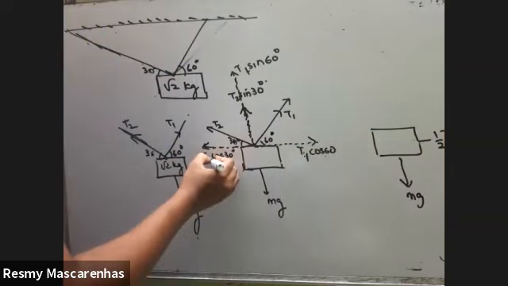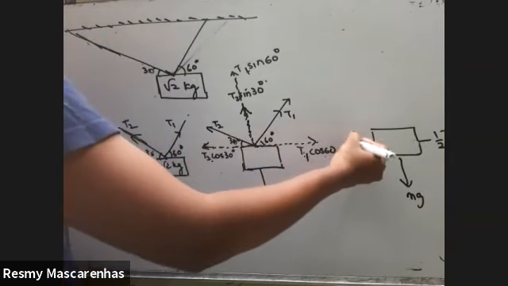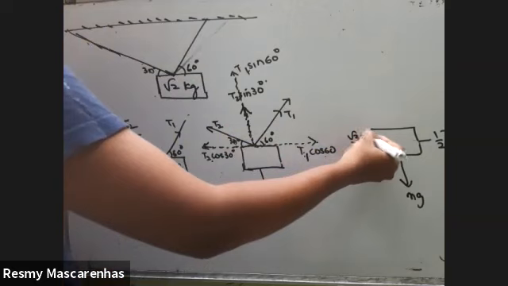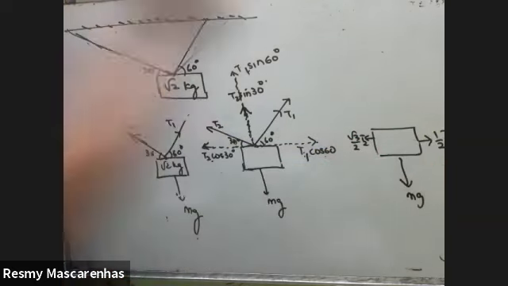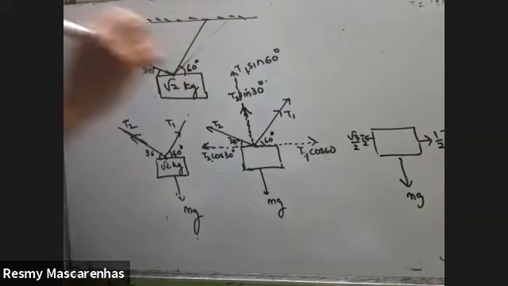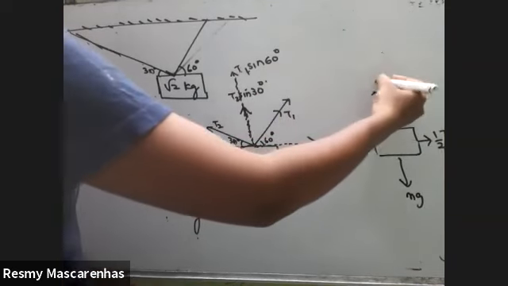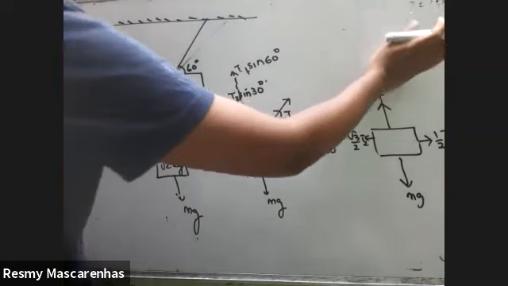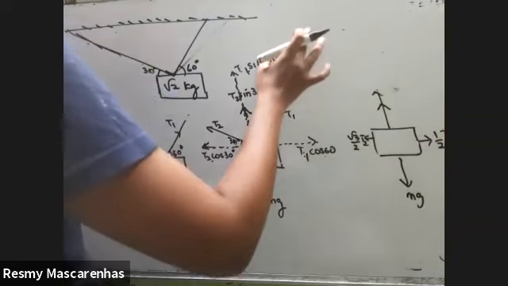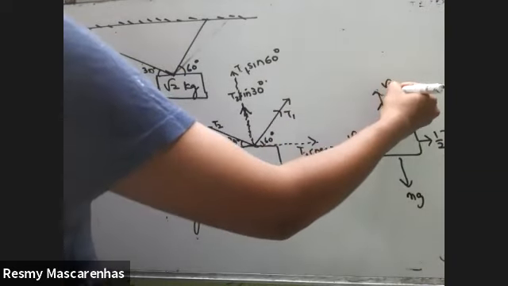This will be how much? Root 3 by 2. Top, there are two of them. T1 into sin 60 means how much? Root 3 by 2.